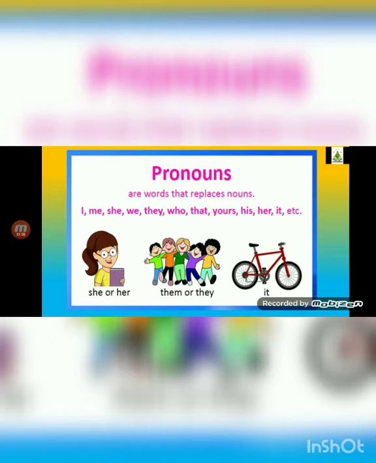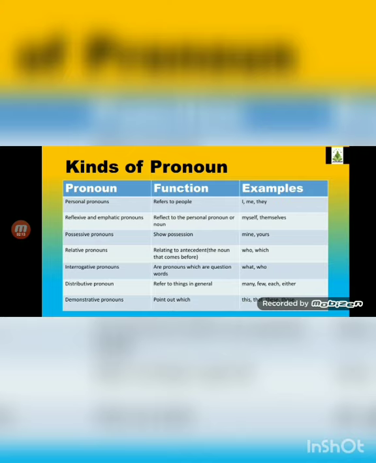Now, what is a noun? Noun is nothing but a name of a person, place, or thing. Every time we have to refer to it, we use a pronoun instead of a noun. So, children, let's find out how many types of pronouns we are going to learn today.